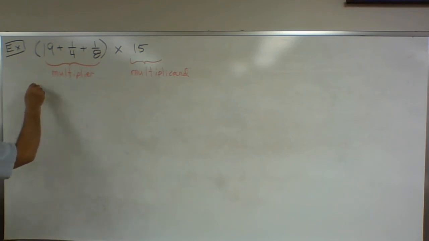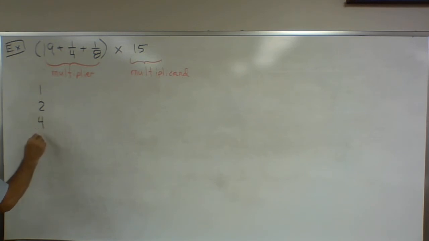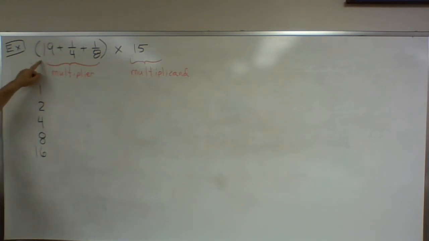So we'll write down progressively larger powers of 2. This is the largest power of 2 that we need. The next largest power of 2 is 32, but that's bigger than the multiplier.